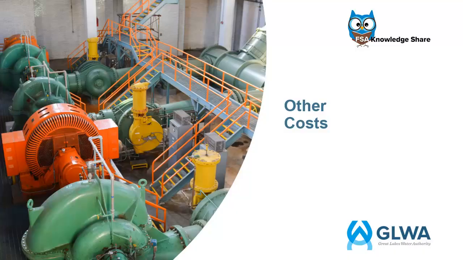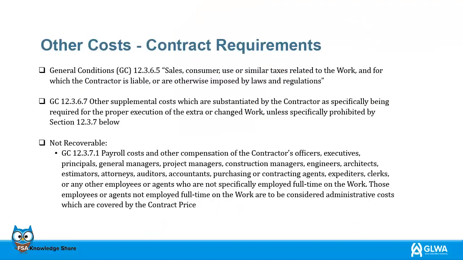In the event of unusual circumstances, such as an emergency condition, the contractor may request reimbursement for costs not originally included in the contract scope. General Conditions, GC 12.3.6.5.